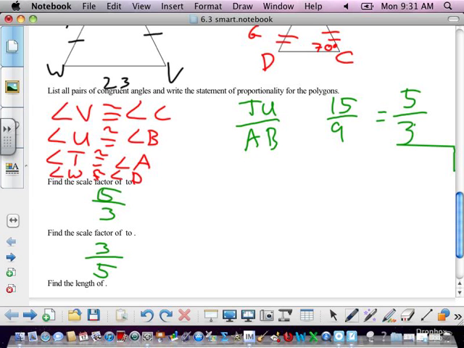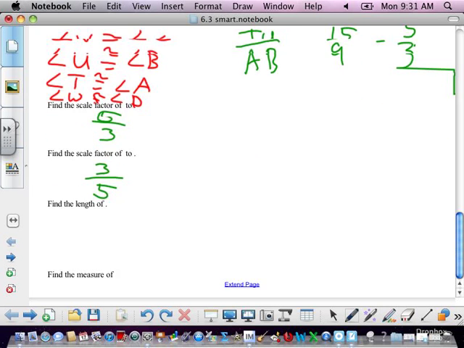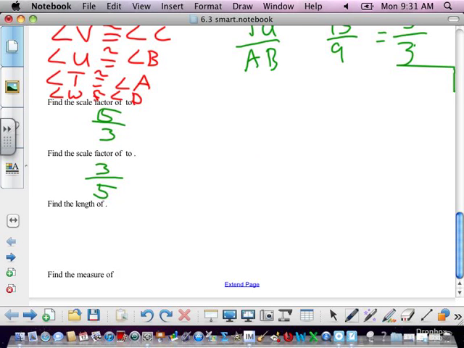So now I want to find the length of TW. I know AB. I know A to D is 6. I want to find the big length, so I'm going from the little one to the big one. Which one goes from the little one to the big one, the first one or the second one?